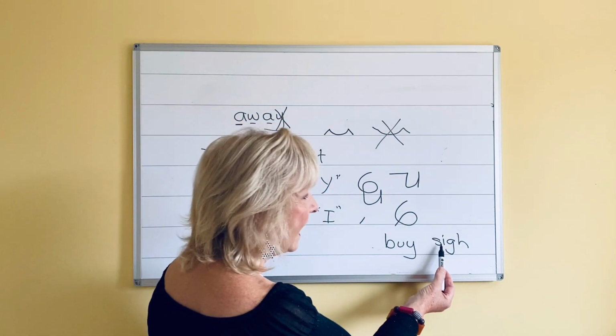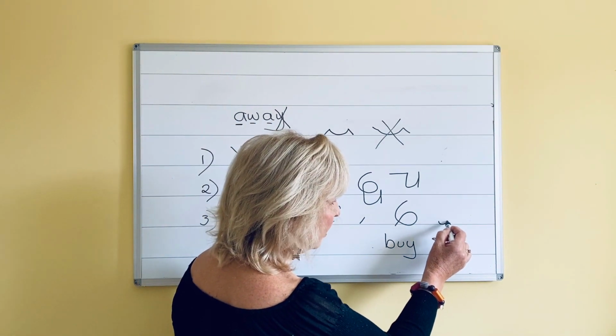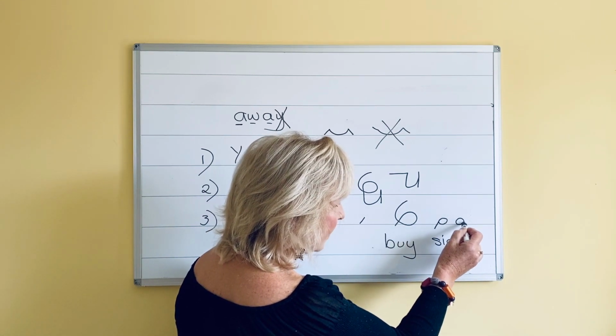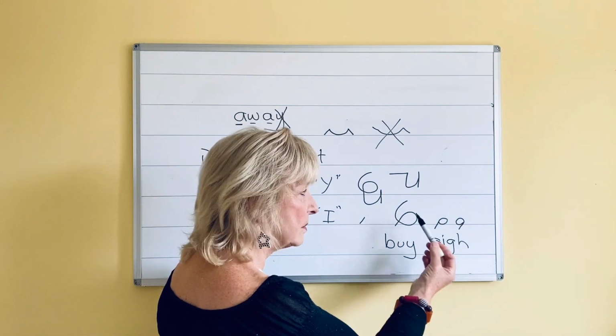S and I, because of course the GH are silent letters. So S, I, do clockwise, anti-clockwise, and then the I. You might have gone clockwise and then the I. Both are correct. But we read from top to bottom, left to right.